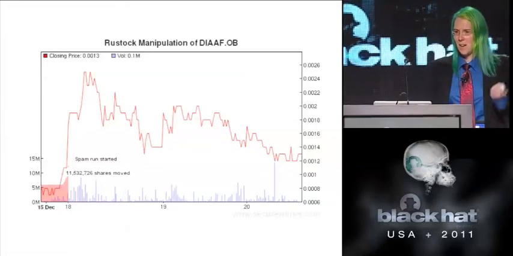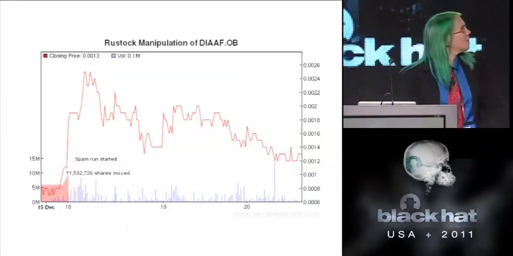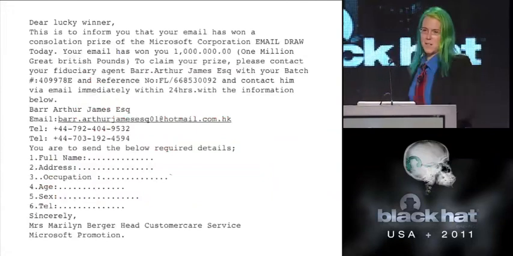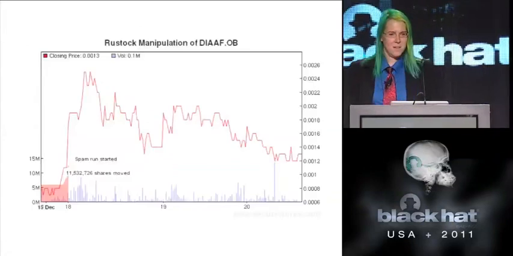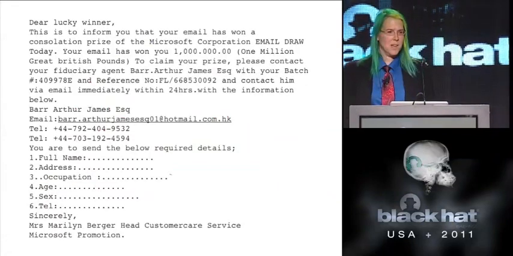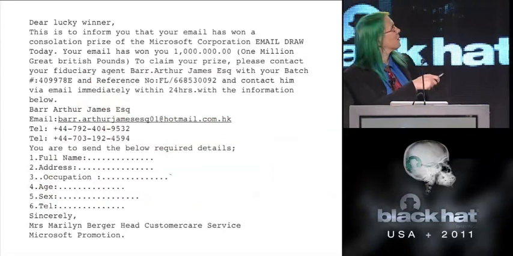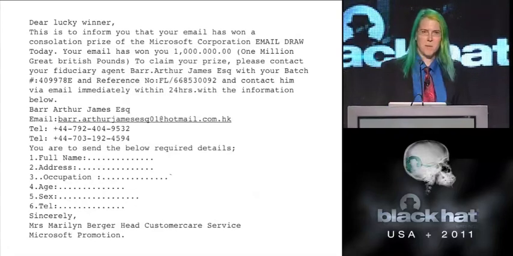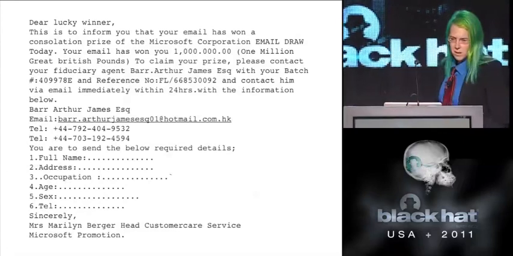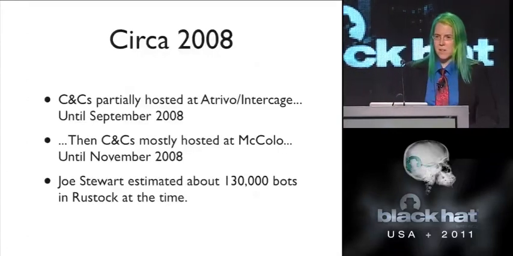Joe Stewart actually got his site DDoSed for a while because of this research that he published. The advanced fee Microsoft type things look like this. It's like your email has won 1 million Great British pounds and blah, blah, blah, typical 419 scam stuff.